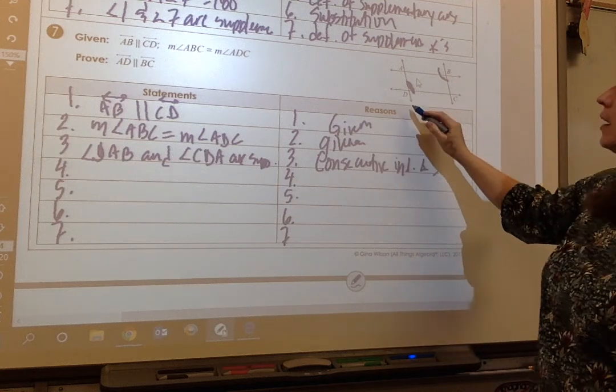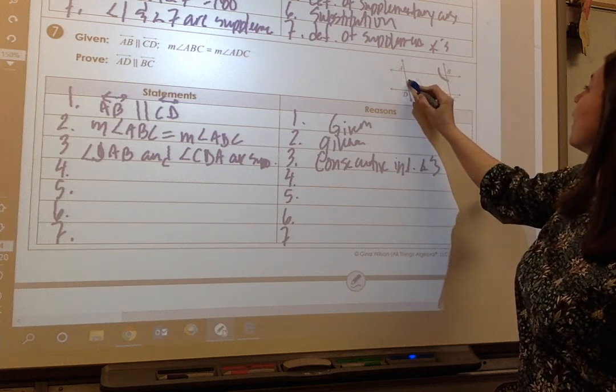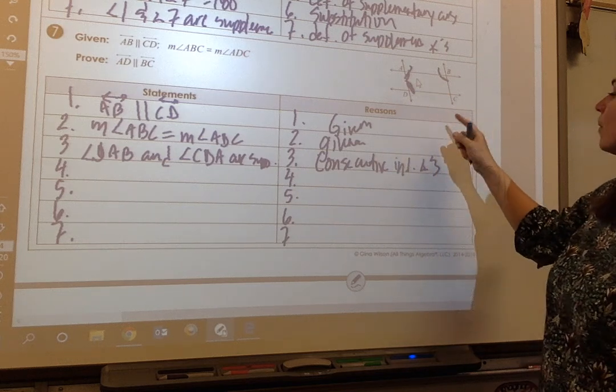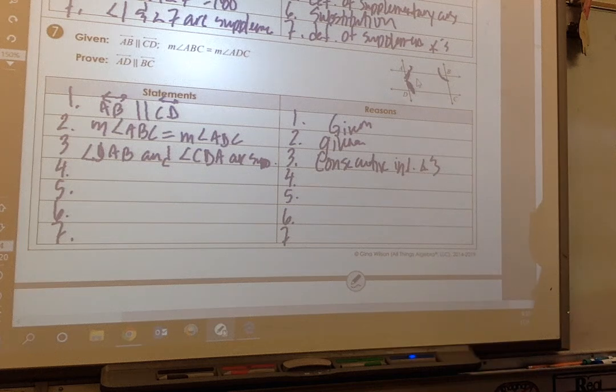So let's mark that. DAB and CDA are supplementary, and so that's consecutive interior angles.